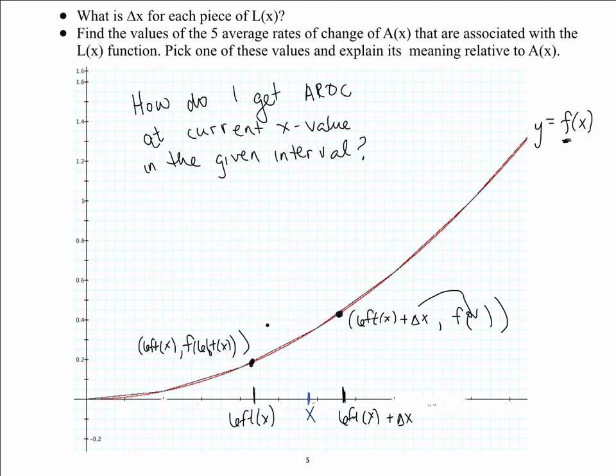So then if I want to compute the average rate of change over this interval, what is it going to be? Okay, I'm going to keep writing it the long way, but yes.